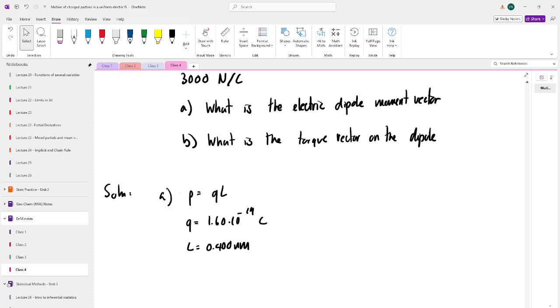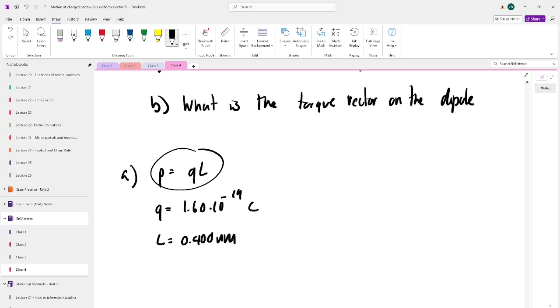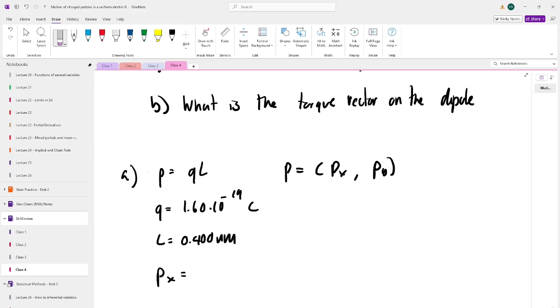So in reality, P has an X component and a Y component, at whatever angle we're talking about, and the same thing goes for the Y direction, because we're at an angle and we're not straight.